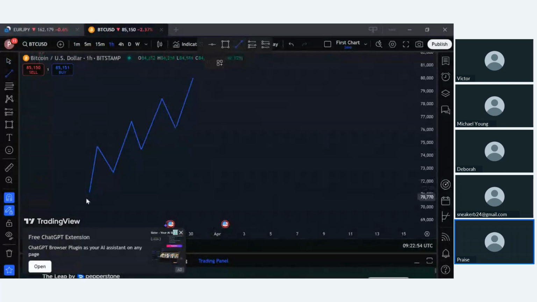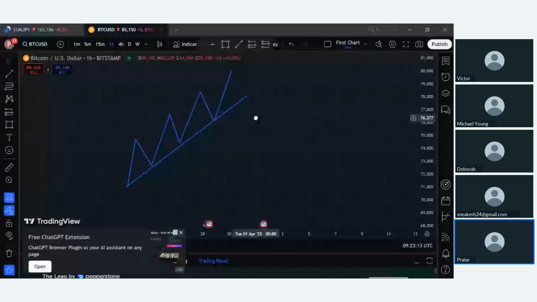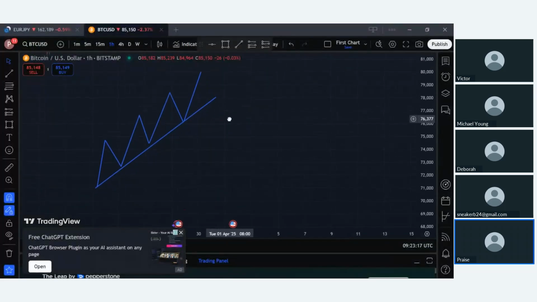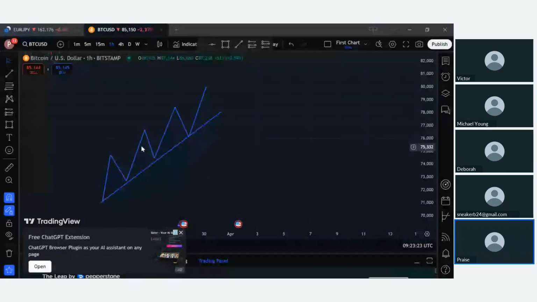You cannot take a trend line and draw across like this. Your trend line, you make sure that it touches the peaks, which is the point at which the market is retracing from. So this concept is still useful in the market. Why? Because when you are using a trend line, the assumption is that when the market comes back to the trend line, it's supposed to bounce back, just like it does.